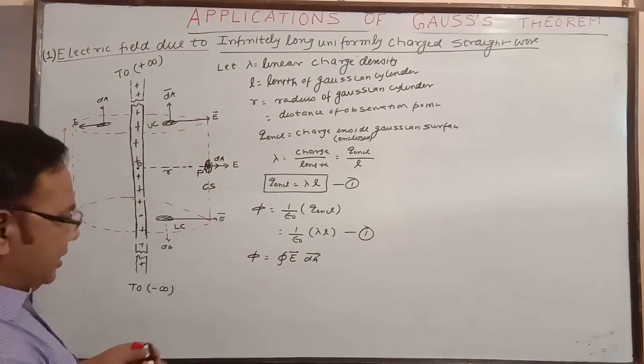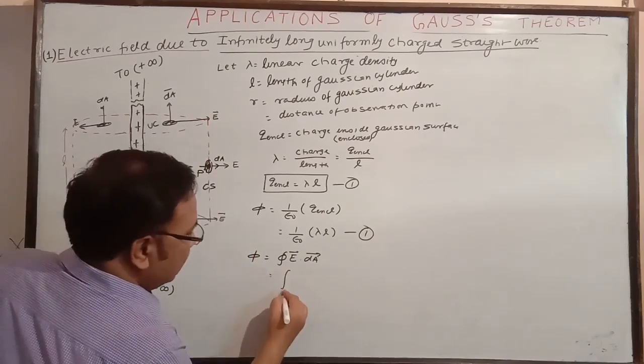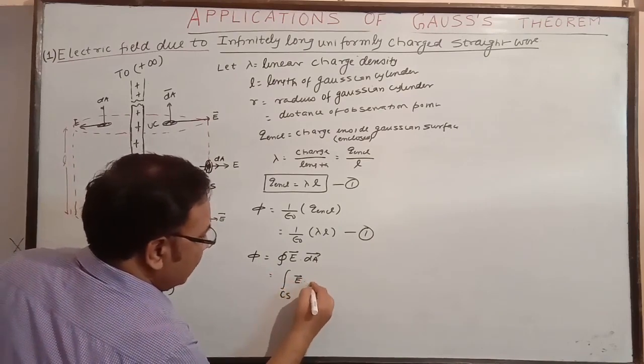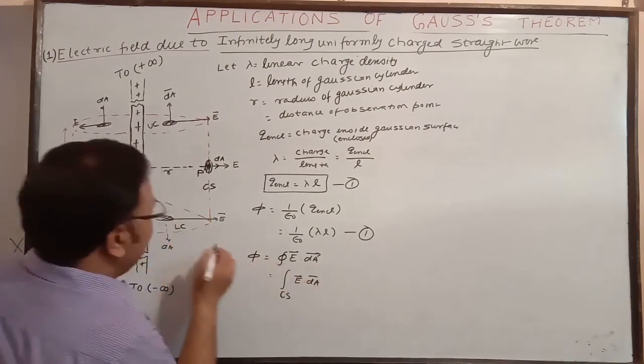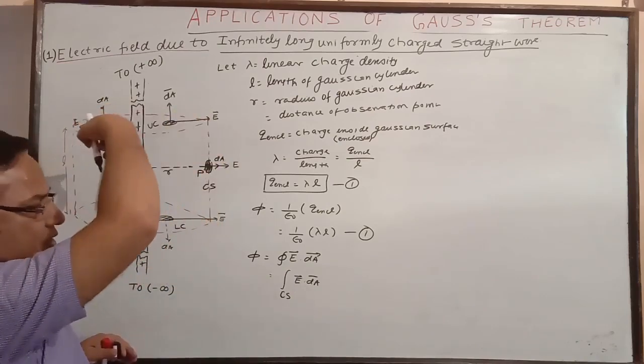So I am going to write it separately here: the integration of E dot dA for the curved surface, then for the upper cap, and in the same way for the lower cap.